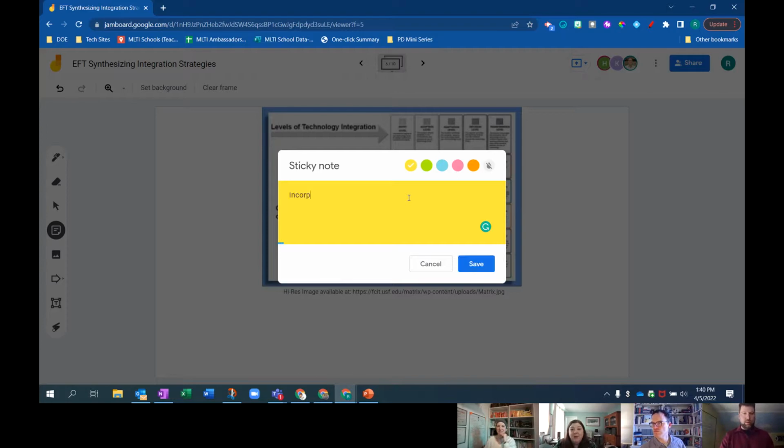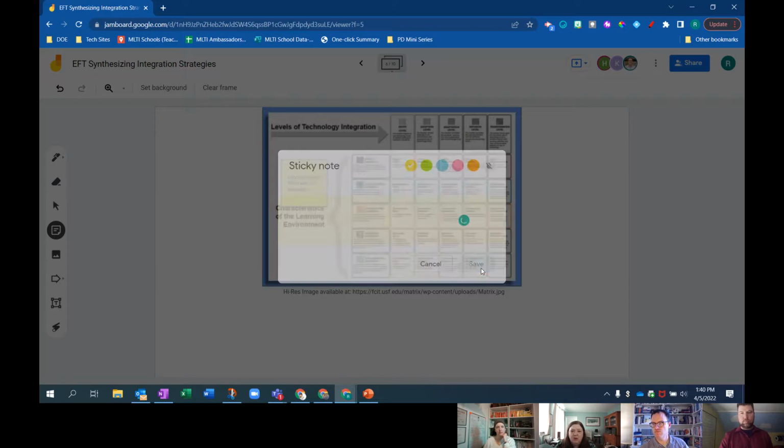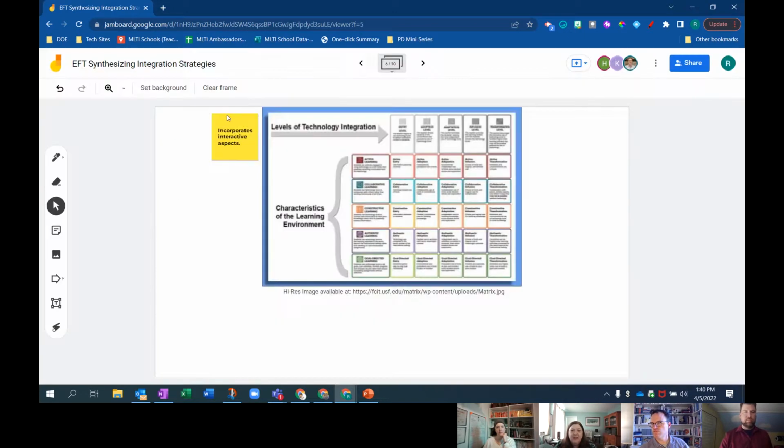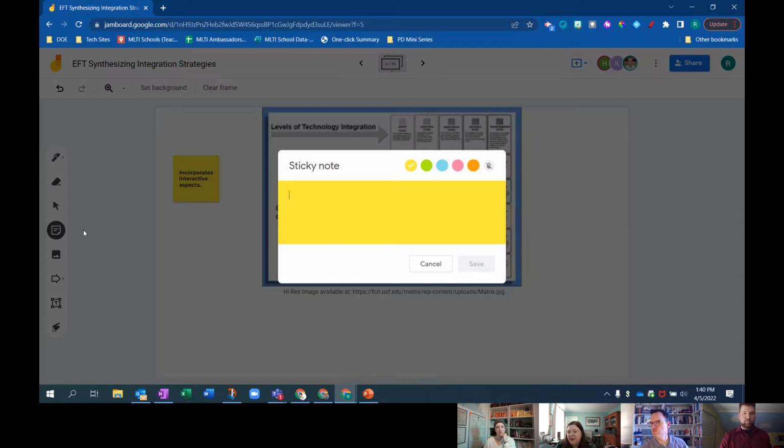I see this being most useful as either self-evaluation, or if you're a tech coach or tech integrator and you're getting ready to go through a coaching cycle with a teacher or a group of teachers. That's where this matrix would be the most useful for me. I think if you tried to do it with every tool, or every lesson even, it would be too cumbersome. But this gives you a great general feeling about where they are.